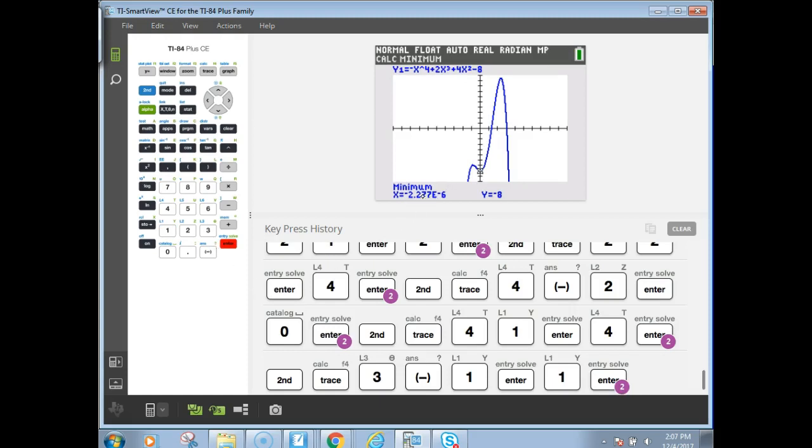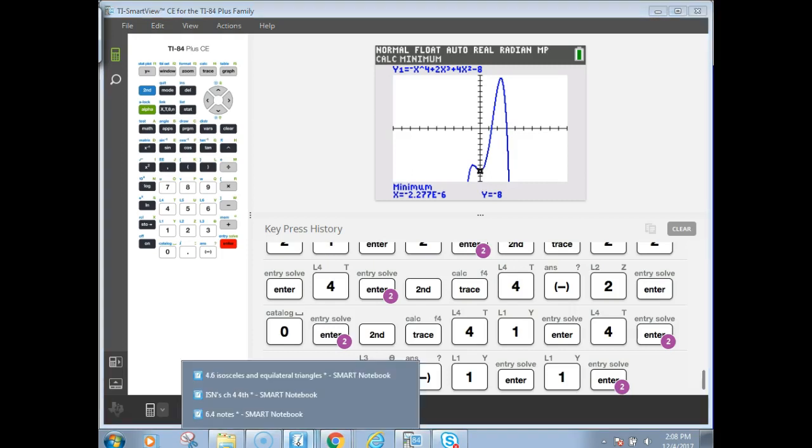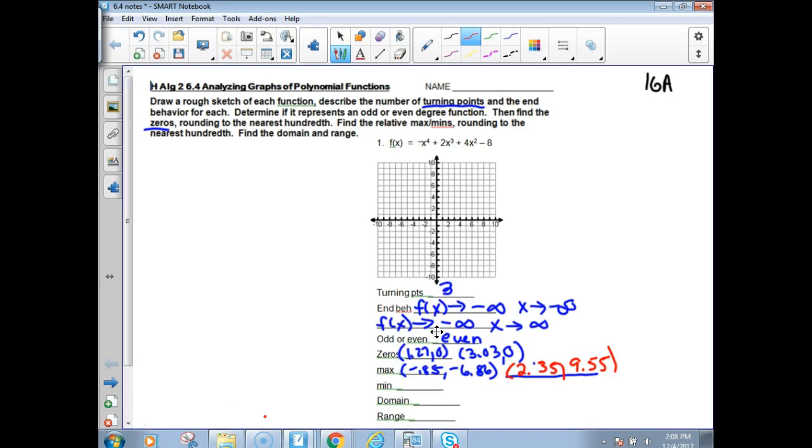This is essentially 0, guys. Negative 2.277 e to the negative 6. That's like scientific notation. So this number to the negative 6 power, that'd be 0.000002277. So it might as well be 0. Okay, really, really tiny. So 0, negative 8, as I suspected, or it looked like it.